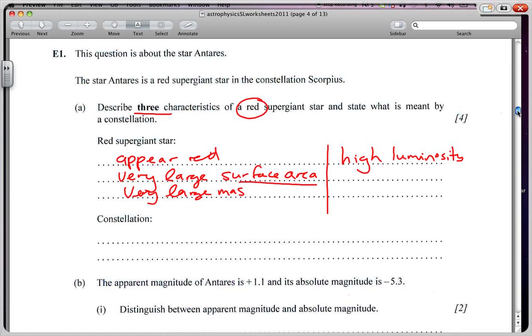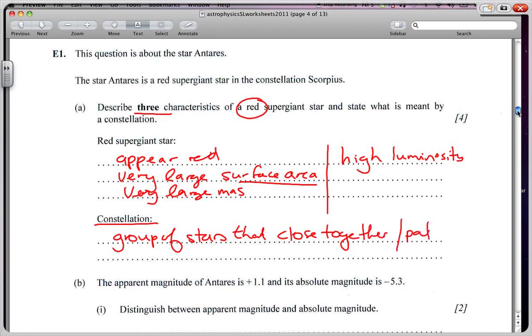And a constellation, it's important that you understand what this word constellation is. This is a group of stars that seem to be close together, and usually they make a pattern.